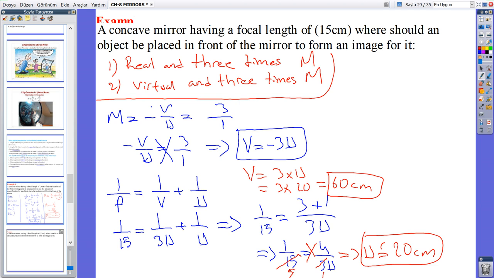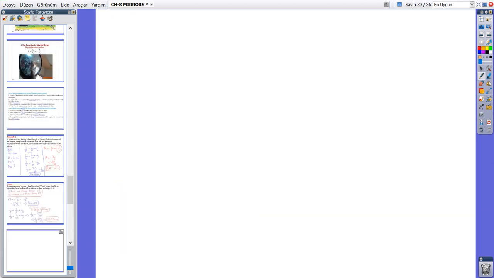Secondly, the virtual and 3 times magnified. And we find v equals negative 3u.